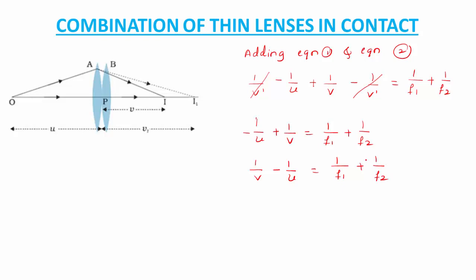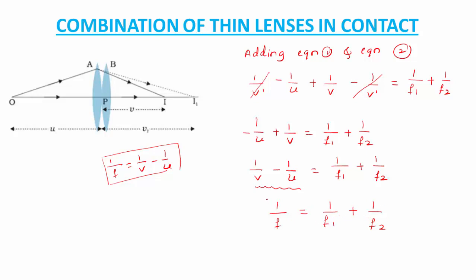So according to the thin lens formula, we know the equation 1 by f equal to 1 by v minus 1 by u. Right? So in place of 1 by v minus 1 by u, we can write directly 1 by f equal to 1 by f1 plus 1 divided by f2. The equivalent lens of a combination of lenses is that single lens which produces the same effect as that produced by the combination of lenses.